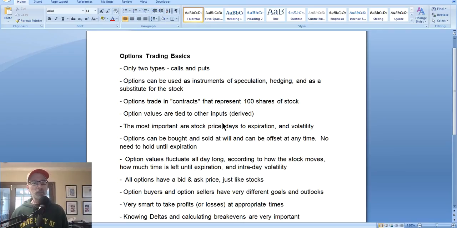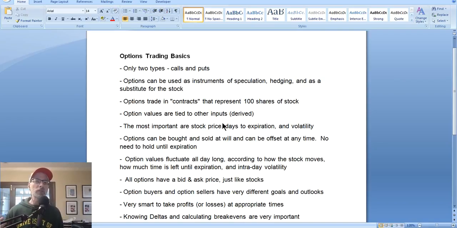A lot of people misunderstand and think options have to be held until the expiration date, and that is not true. You can get in and out of option positions one minute later, an hour later, a week later, months later. It's entirely based on how you feel the option price is moving. So you can get in and out of option trades all day long.